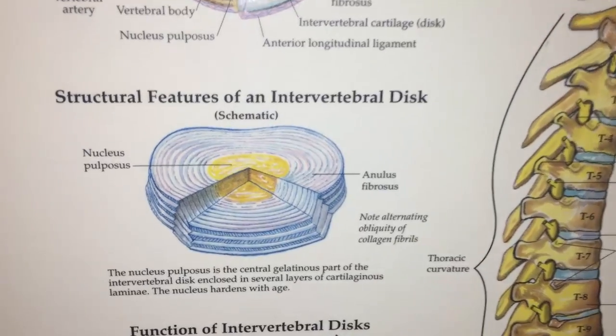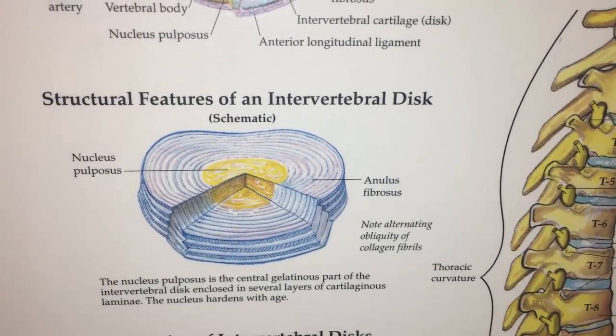And in this video, I'm not only going to show you bulging disc symptoms and explain to you what bulging disc symptoms are, but I'm also going to show you and explain to you the anatomy behind the bulging disc and how the anatomy of a bulging disc triggers bulging disc symptoms when there's injury there.